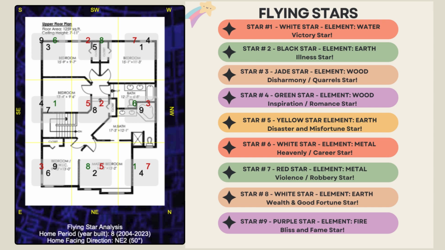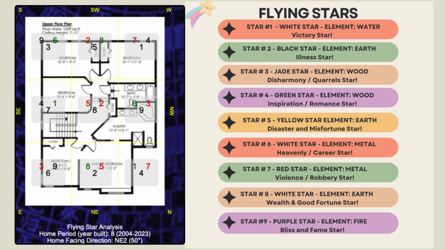Star number 7, the red star. This is an element of metal, and this one is not so great either. This one represents violence, robbery, backstabbing, all the things you also want to stay away from. Star number 8, the white star, which is an earth element, and this represents wealth, good fortune.